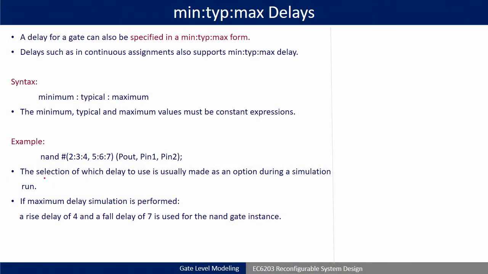So, it is written that the selection of delays is generally done during the simulation run. That means, as you did in the lab, in simulation you are just using the GUI, graphical user interface, and directly getting some output. Okay. But in the background some commands are running.